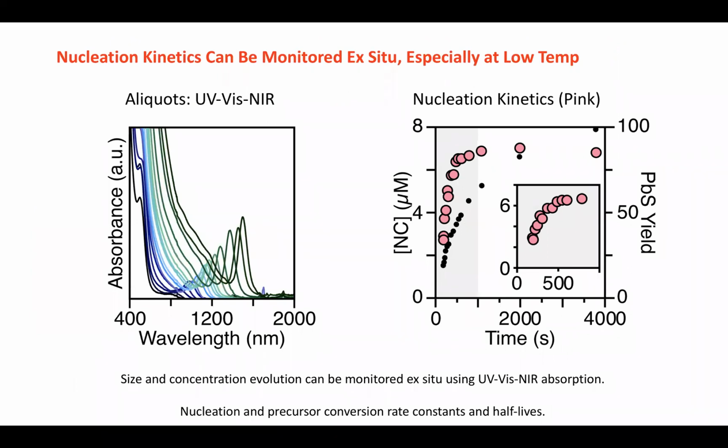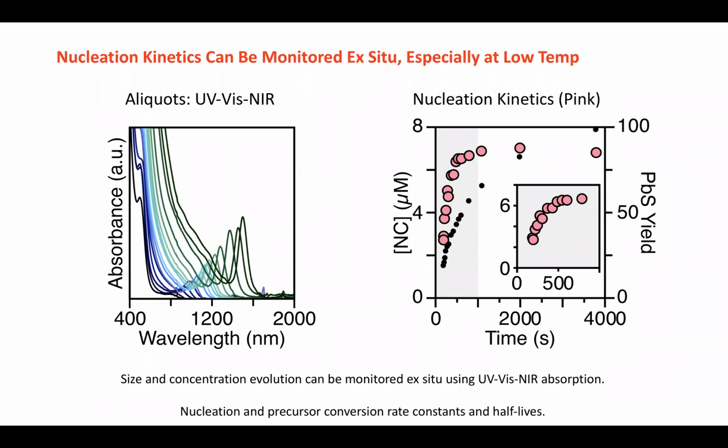Let's see here. So maybe a couple more observations. Temperature is a very interesting variable in these reactions, which we've studied. It's hard to get synchrotron time to do experiments of that kind, which are the most definitive measure of these kinds of kinetics. But you can also do them by taking aliquots. So here's a collection of absorption spectra throughout the infrared, where we're looking at that sulfide.